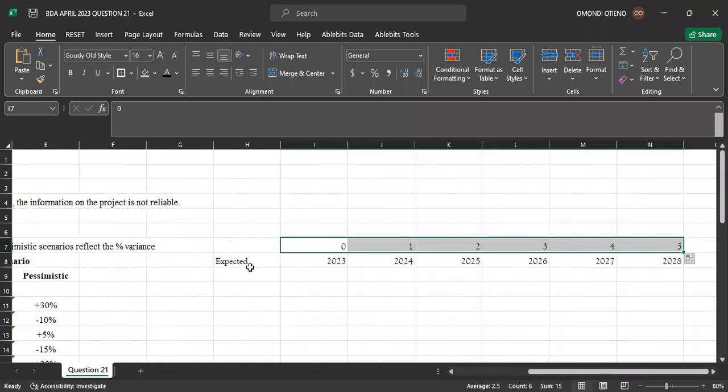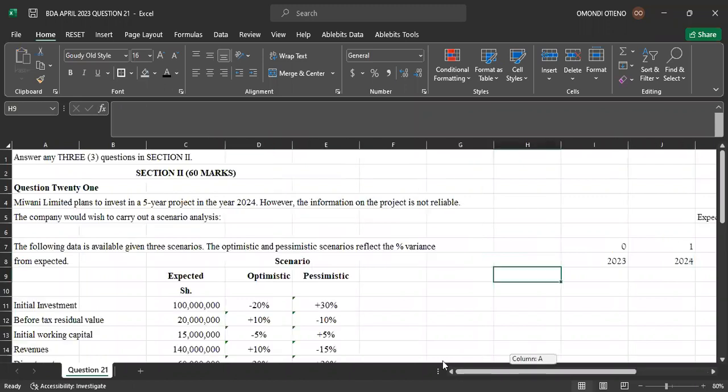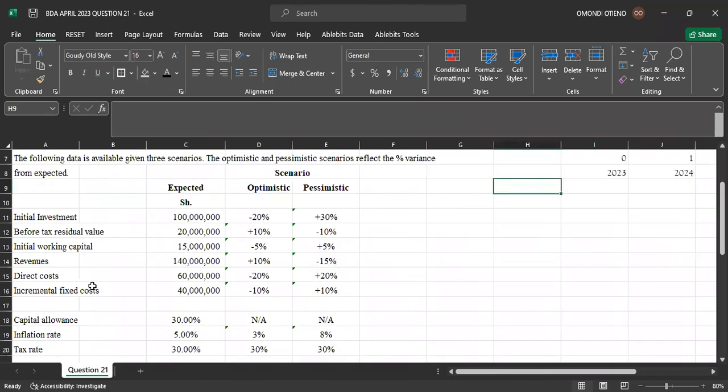So let's look at this under the expected scenario. Under the expected scenario, we are going to start to look at revenue and the initial investment items. So under that scenario, the first thing that you normally look for, because you don't have the net cash flows, it means there is some source of revenue.